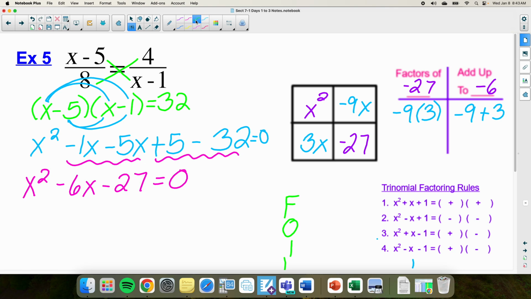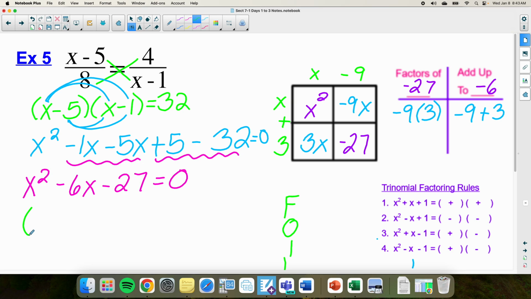That is x squared. So for x squared, I'm going to get x and x. Then I have negative 9x. So what times x gives me negative 9x? That's minus 9. X times what gives me 3x? That's 3. Negative 9 times 3 is negative 27. Here, you're going to put a plus sign in between, because there was nothing.